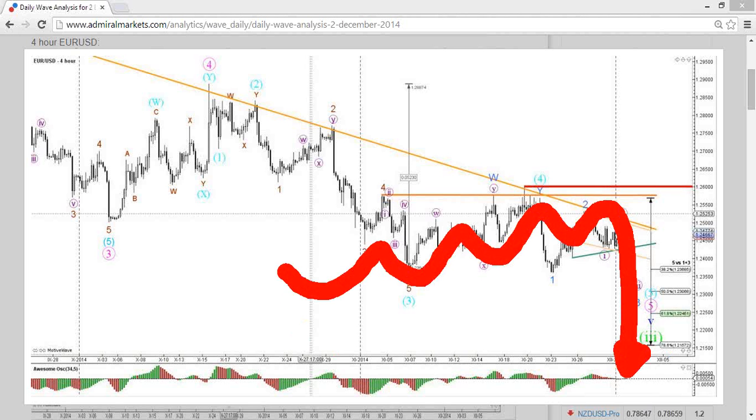I would expect a big consolidation for Christmas, let's say the last 1.5 weeks of December, and then maybe even whole January. I think it's going to be a very slow January, slow start of the year, 2015.